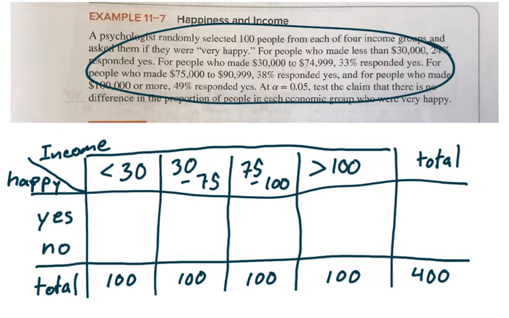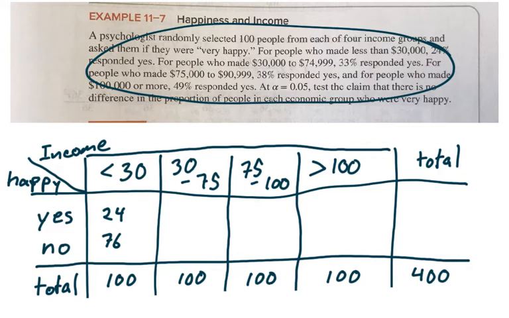And 24% of 100, simply enough, is exactly 24. And so the no category here would be, well, let's see, if 24 out of 100 are very happy, then 76% would be the rest of that 100%.